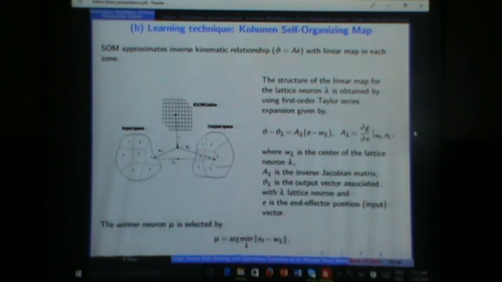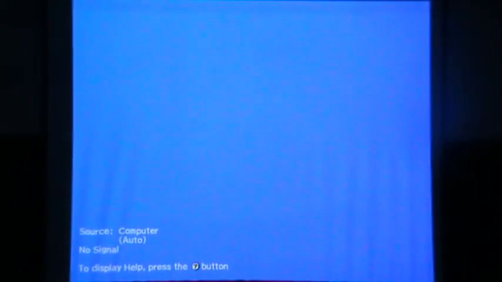And once it has learned, the advantage is that it can be done in real time. So you give any input, it will give you the output in real time. That is the advantage of this. Now, self-organizing map is a little different from normal neural nets.